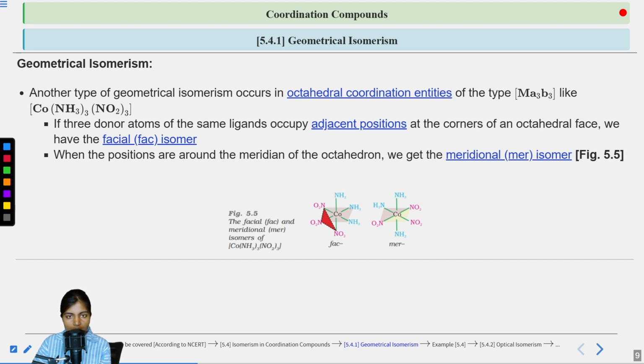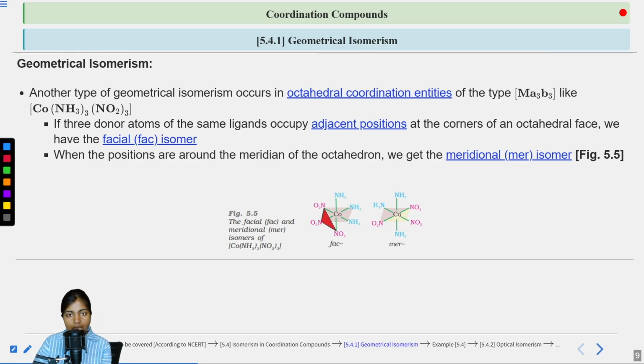So when you combine this NO2 in the Z axis, in the ZY plane, in the ZX plane, and then combine another NO2 and another NO2, they are forming the octahedral face.